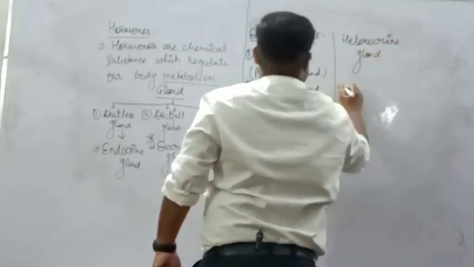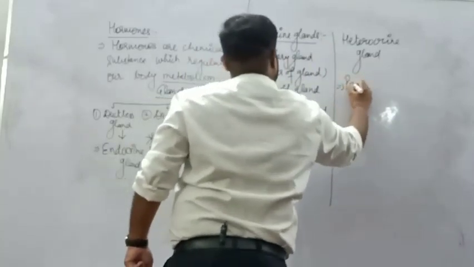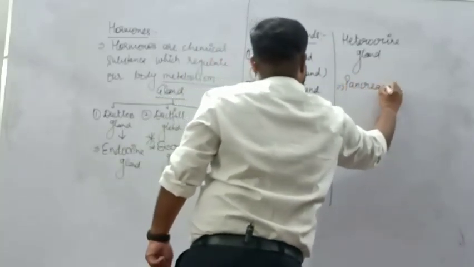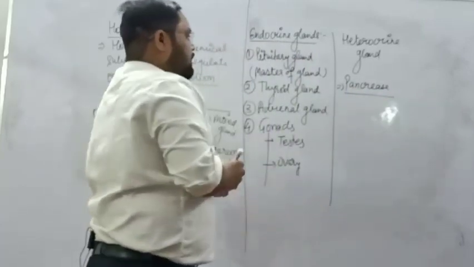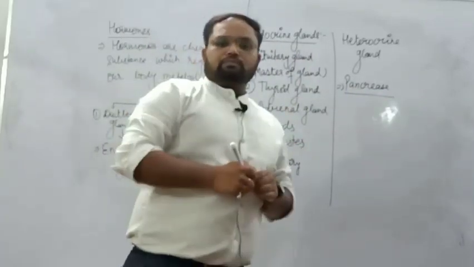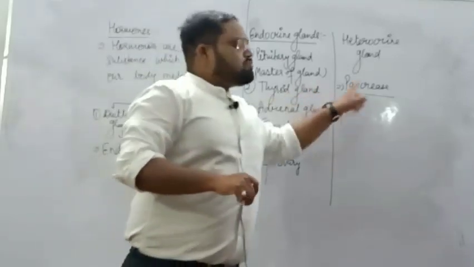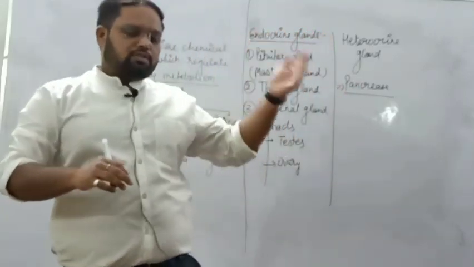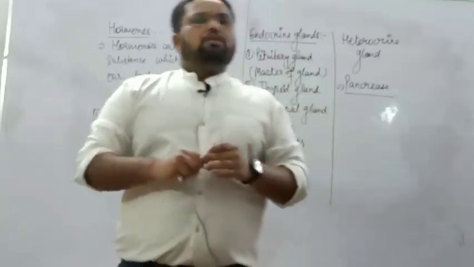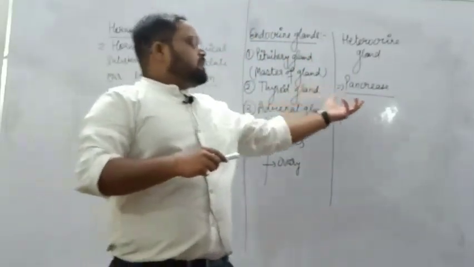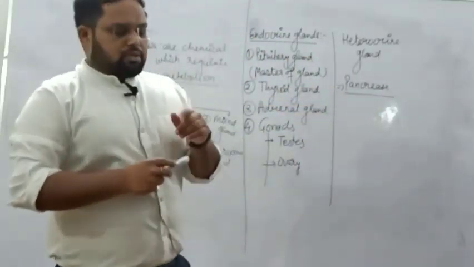One heterocrine gland is in your syllabus, that is pancreas. You will know about the pancreas in the nutrition chapter, that is the digestive system. You already know about the pancreas.